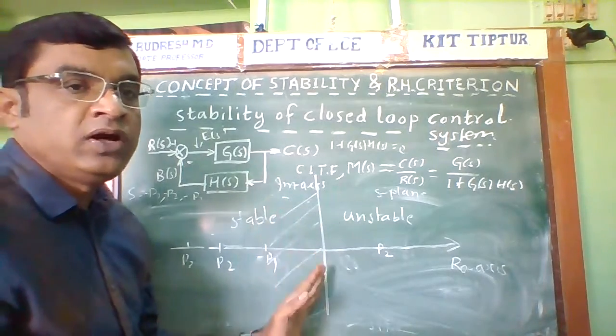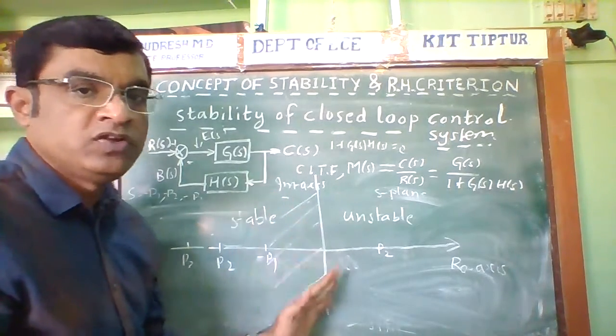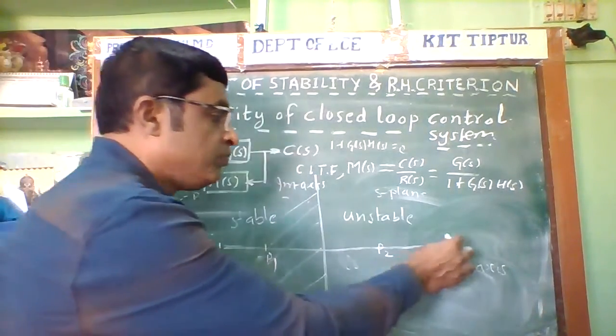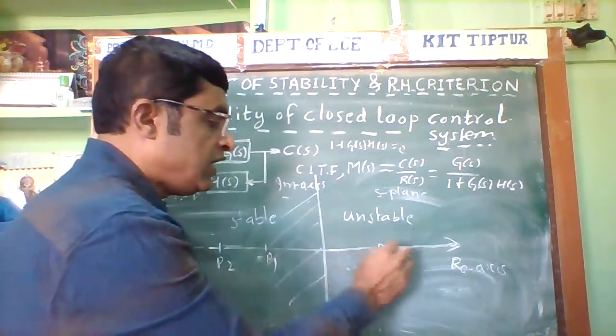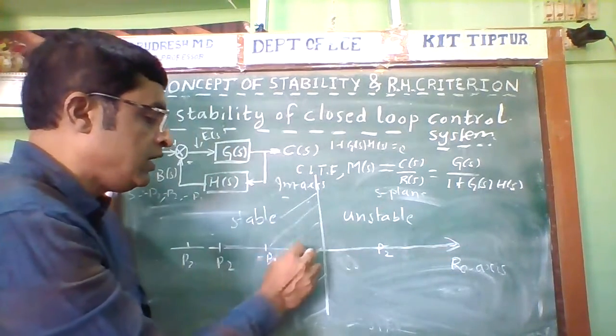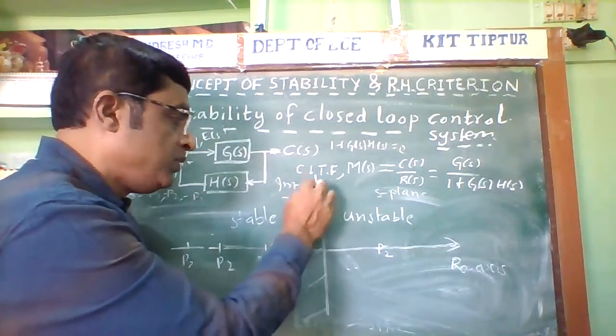Based on the location of the poles on the S-plane, the S-plane is a graph with the real axis, the negative real axis, the positive imaginary axis and the negative imaginary axis.